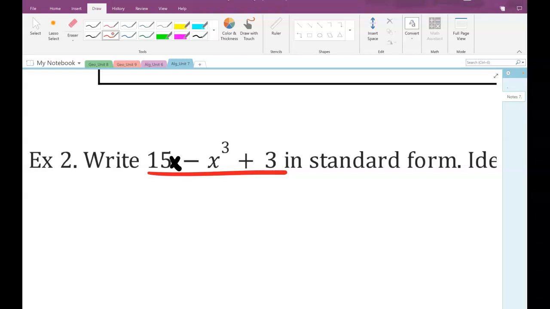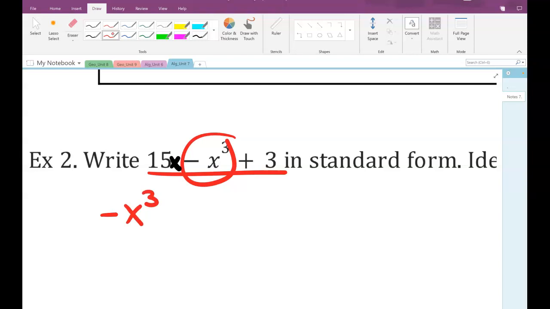My largest power is to the power of 3. So I have to put x to the third first, but I have to take the operator that's in front of it to preserve the integrity of our math. So our first term would be minus x to the third.